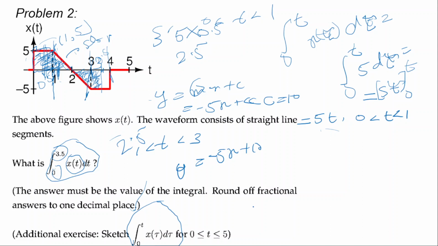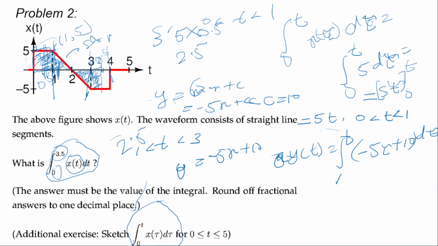So now let's just integrate. Let's say this is y of t. So y of t will be equal to 1, plus the integral limit from 1 to t of minus 5 tau plus 10, d tau.